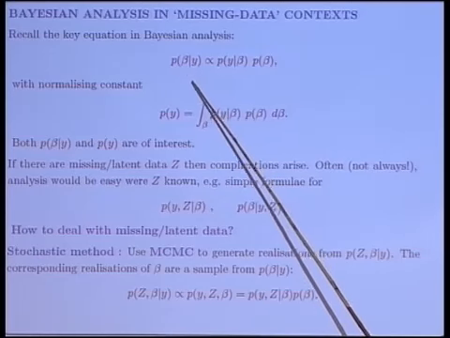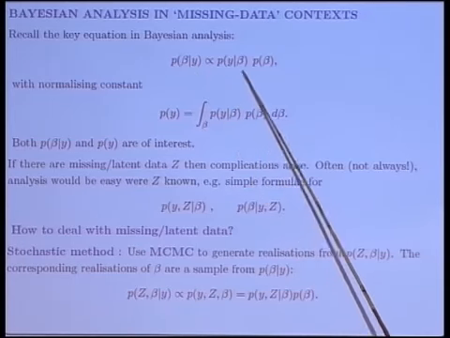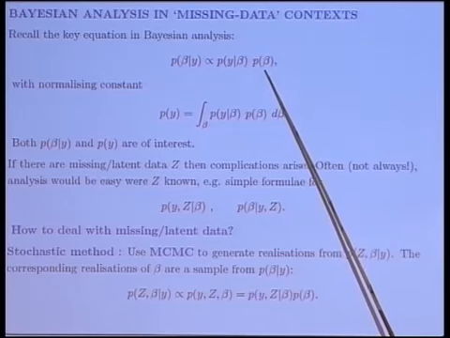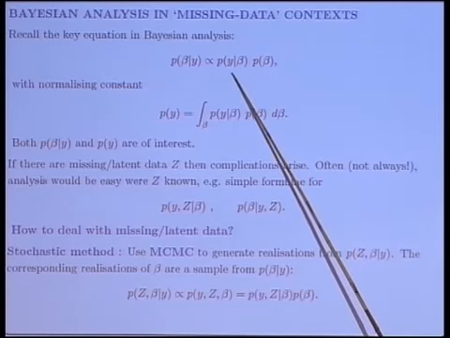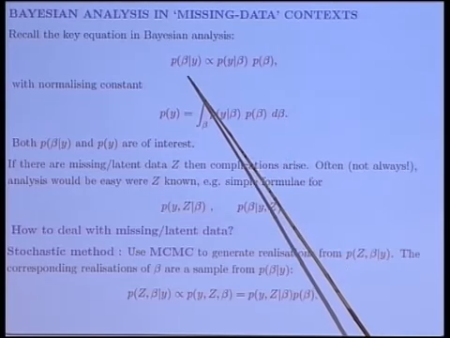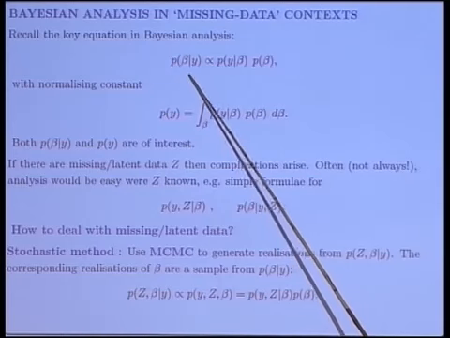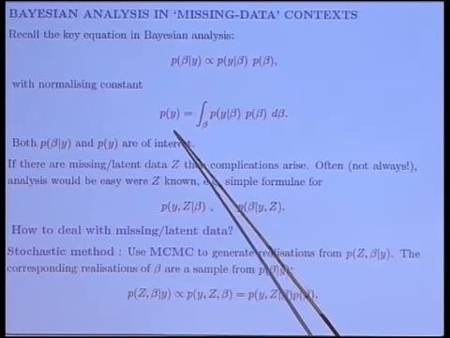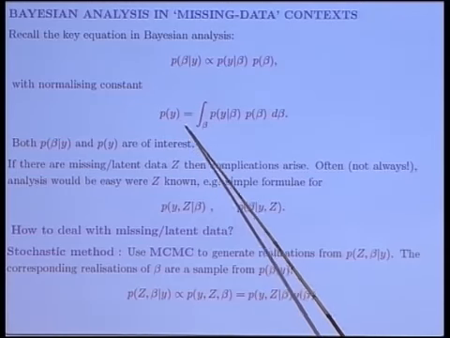If you remember, this is the key equation in Bayesian analysis to combine our prior feeling, knowledge, whatever, with data to get our posterior knowledge, summarized by that distribution. Now, the normalizing constant is just the so-called marginal probability function for y, which is defined like that.